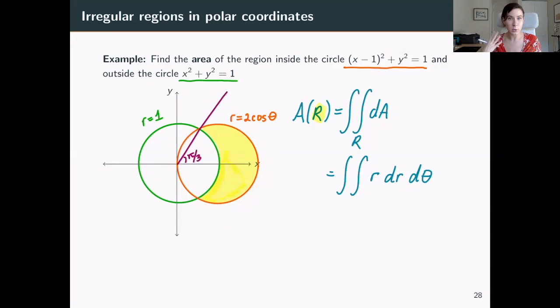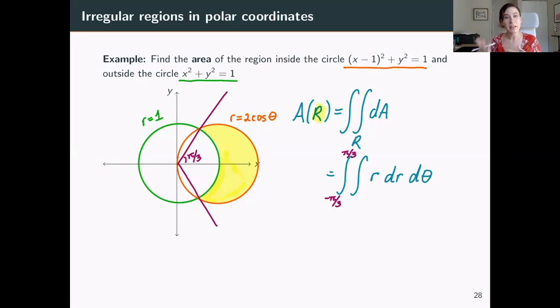This is also going to be symmetric across the x-axis, so we would also know that this angle should be negative pi over 3. In total, we're going to be integrating from negative pi over 3 to pi over 3 for our values of theta.